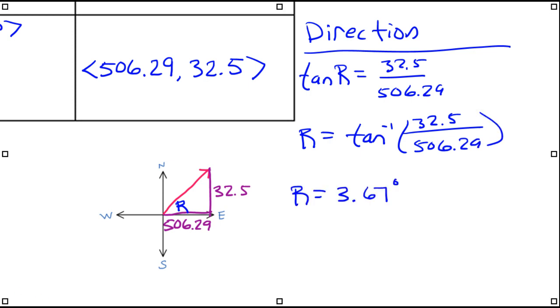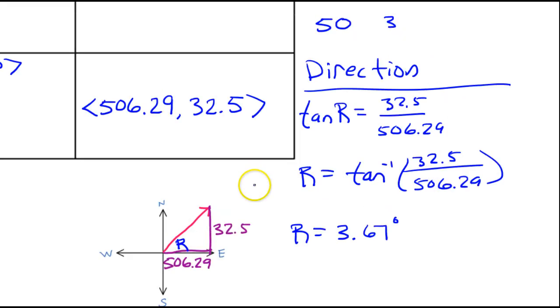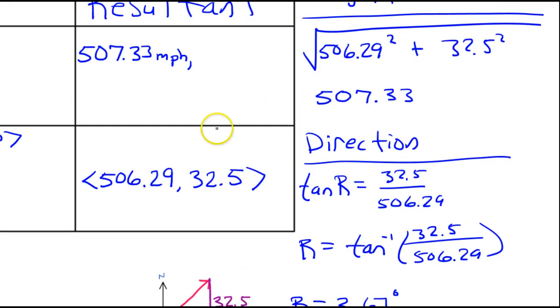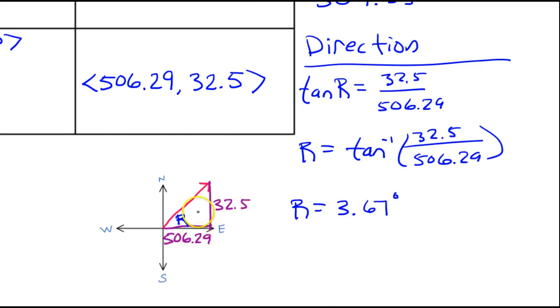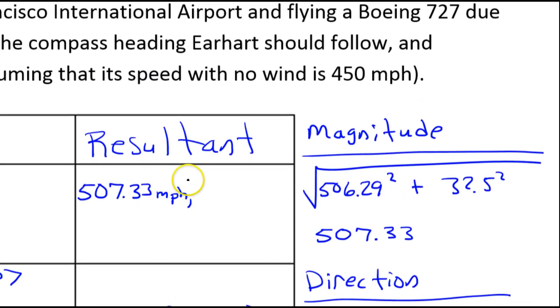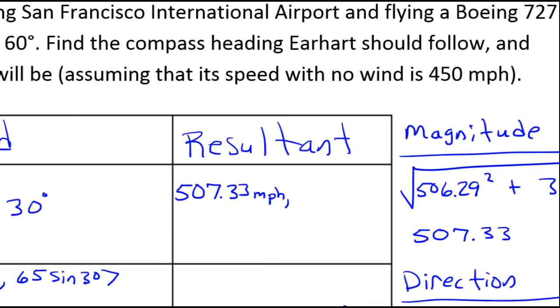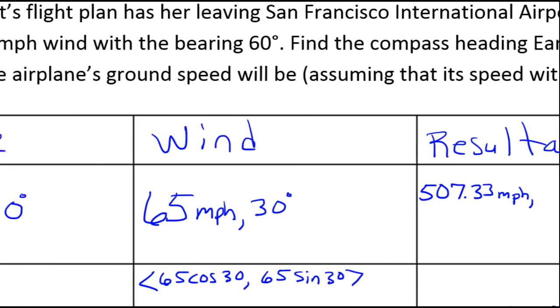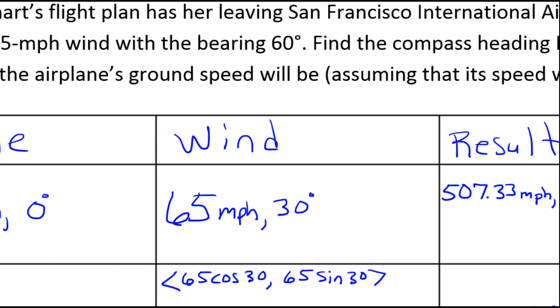Calculator. So this reference angle is 3.67 degrees. However, this is not the direction that we will put on the chart, even though this is actually the direction as measured from the positive x-axis, which isn't always the case, because for our final answer, we always need to record our direction using the same direction style that was given to us in the original problem.